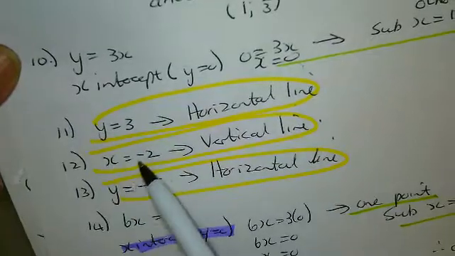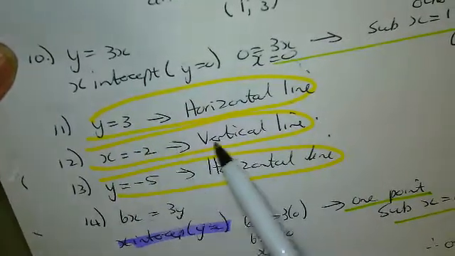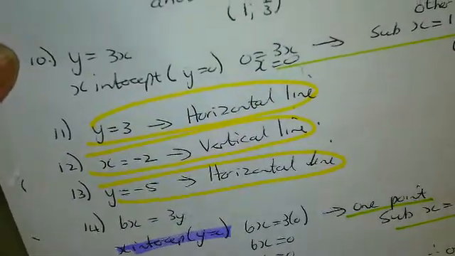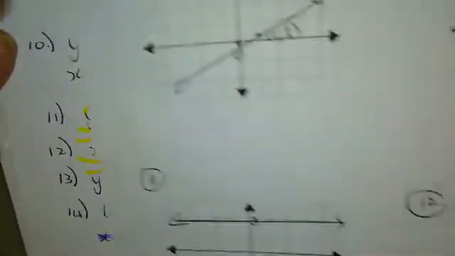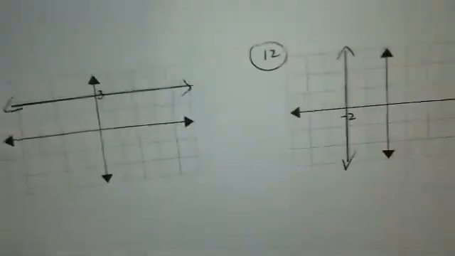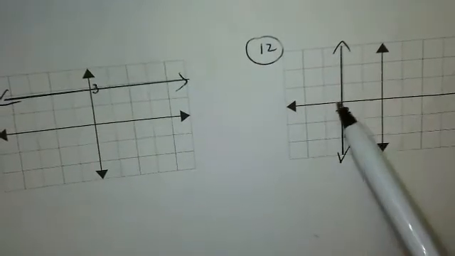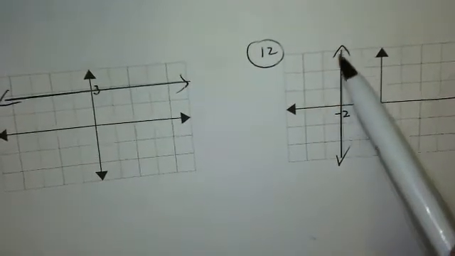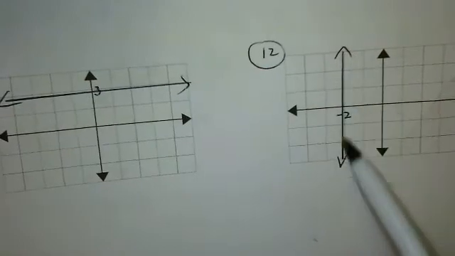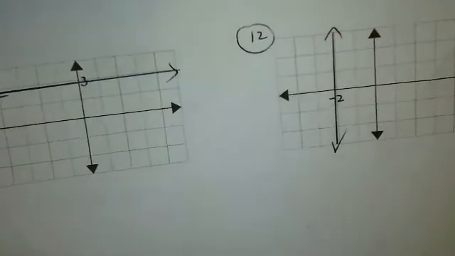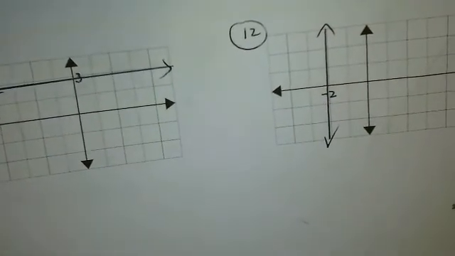So if your equation is x equals a number, it forms a vertical line. How will you draw that? So let's have a look at number 12. Where's my x equal to negative 2? That's my point. You only have that value there. So I'll put the memo on for the rest of this exercise.